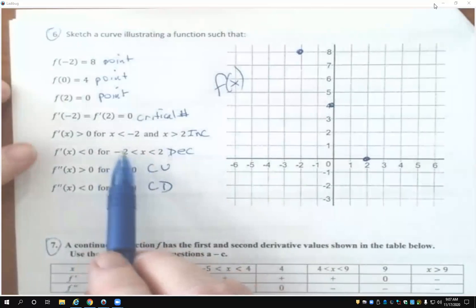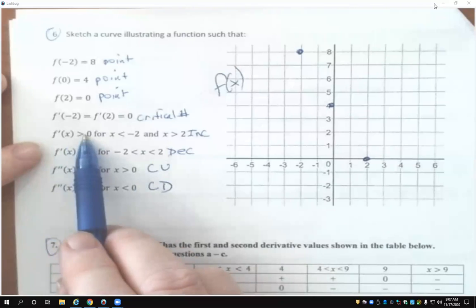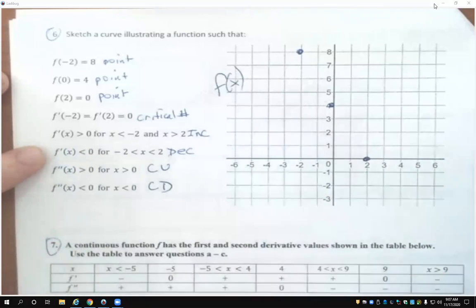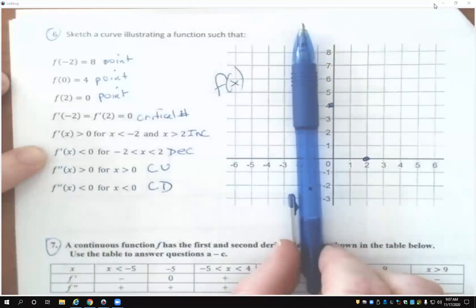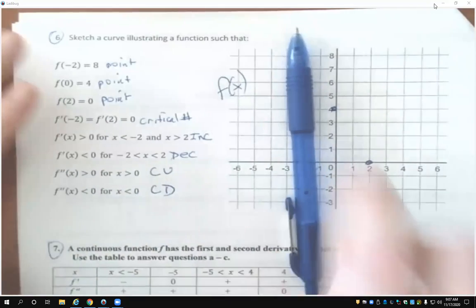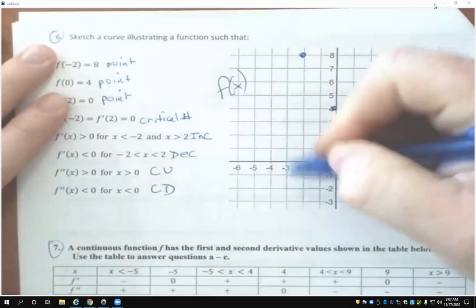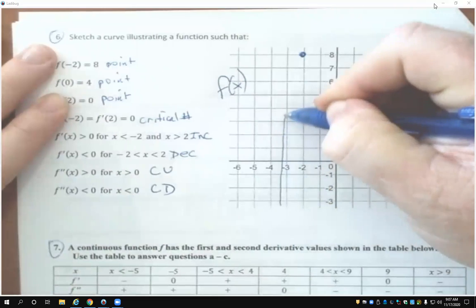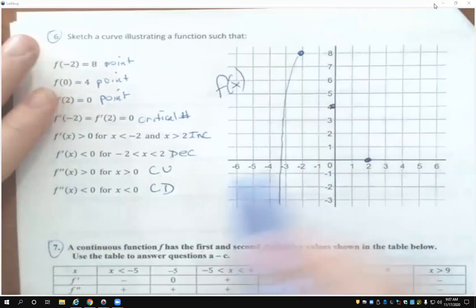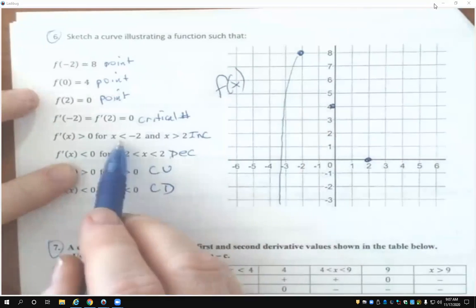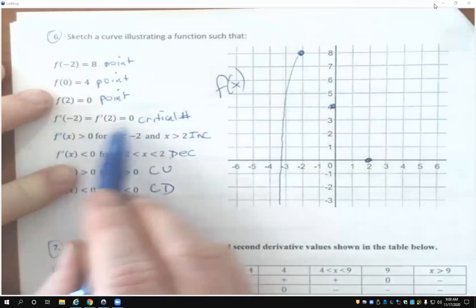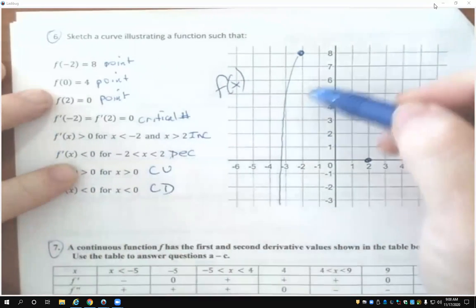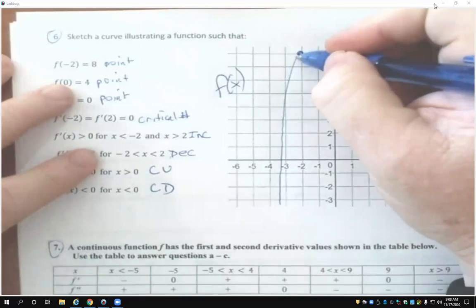Okay, now if you actually break down this information in here, f prime is positive when x is less than -2. So to the left of this, f prime is positive, which means f is increasing. So I am increasing from down here all the way till I get to here, and then I'm going to start decreasing. That tells me I have a max here. When f prime is -2, I'm equal to 0, and then I'm going to go from increasing to decreasing.